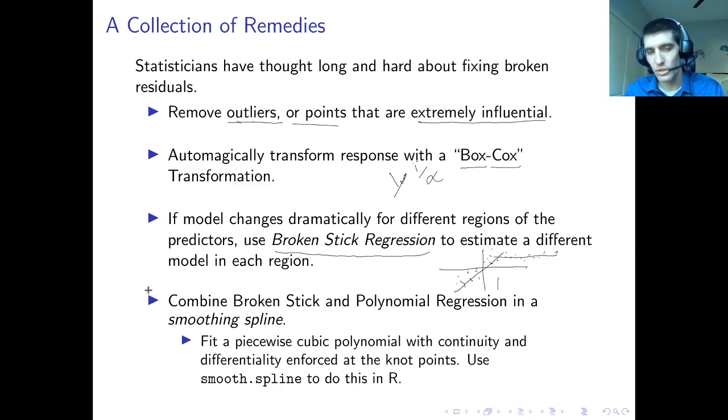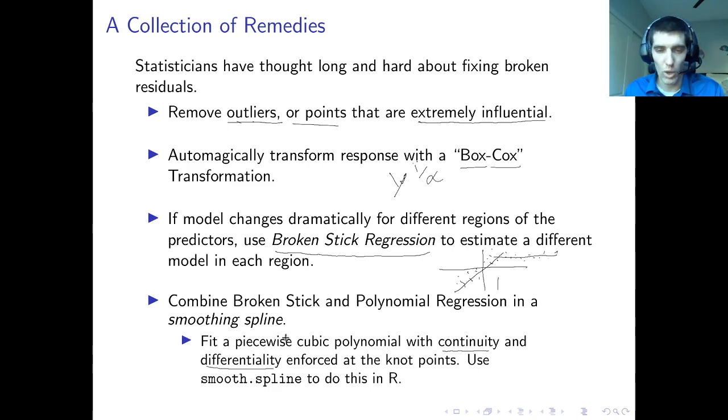Another thing you can do is combine broken stick regression and polynomial regression in a smoothing spline. We've talked informally about what a smoothing spline is, but what it does is fit piecewise cubic polynomials. It takes your points, breaks them up into regions, and fits cubic polynomials in between. It enforces a continuity and differentiability constraint. How it selects the knots is beyond the scope of this class.